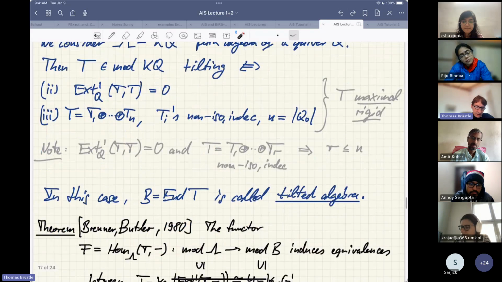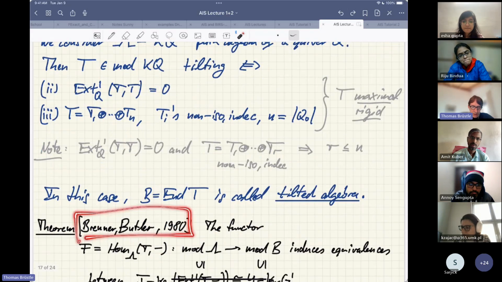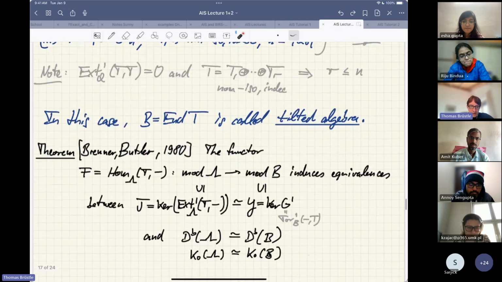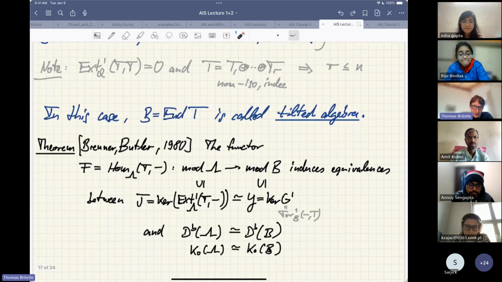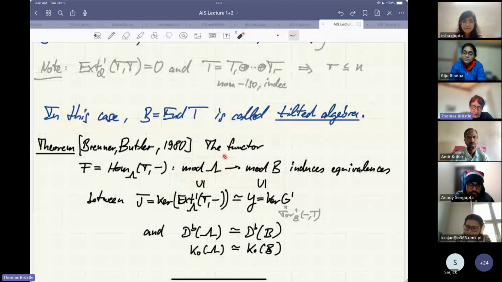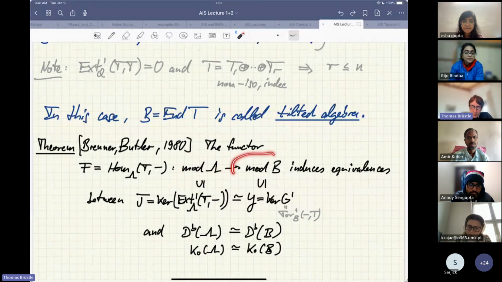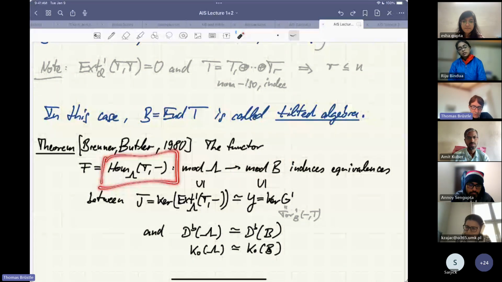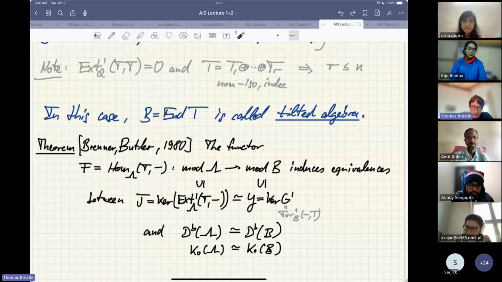And there is the classical theorem by Brenner and Butler, which I will not go much into detail. I can now try to compare modules over the original algebra with modules over this tilted algebra, the endomorphism ring B, by the functor Hom(T, -). So if I do Hom from T into some Lambda-module, this inherits the structure of a B-module.